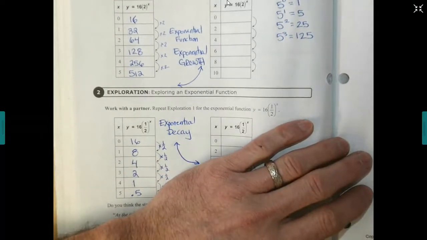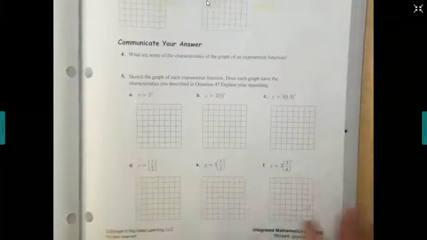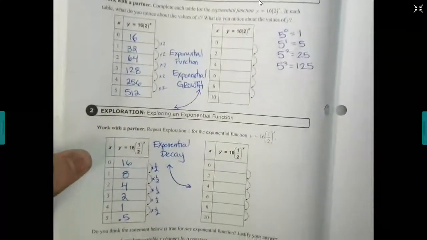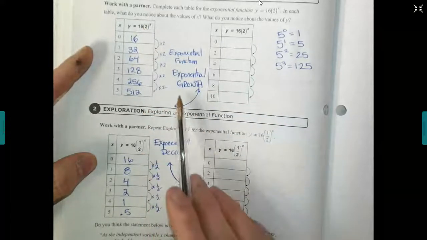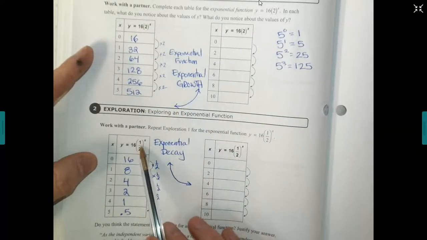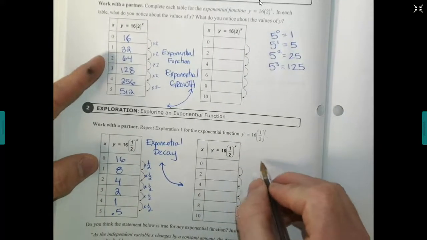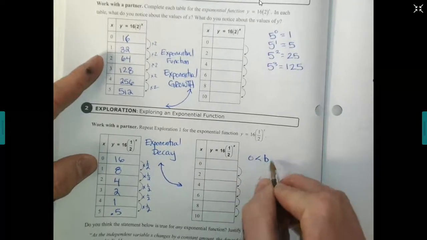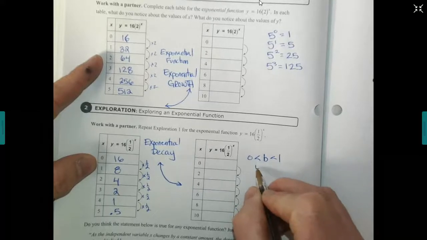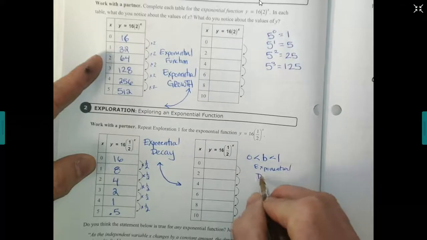All right. Now, we come over here, you'll notice that if this number is greater than 1, you're going to have growth. And if that number, call it b, is greater than 0 but less than 1, you're going to have exponential decay.